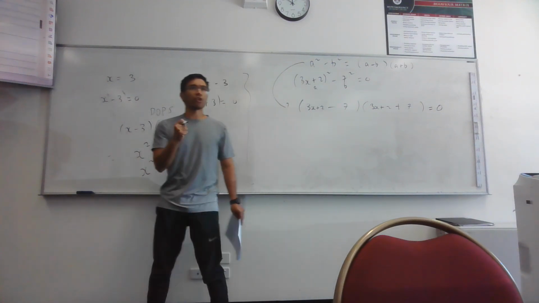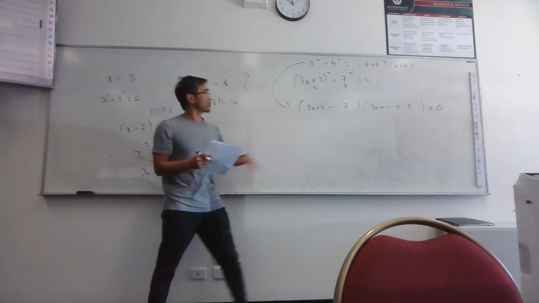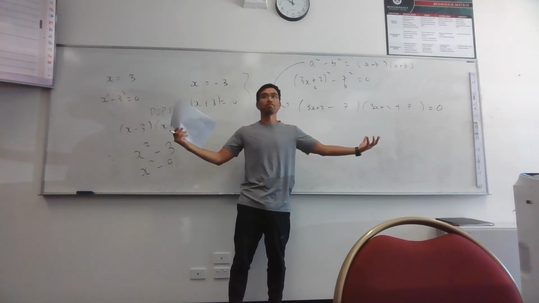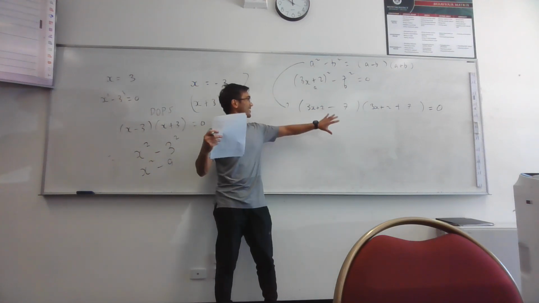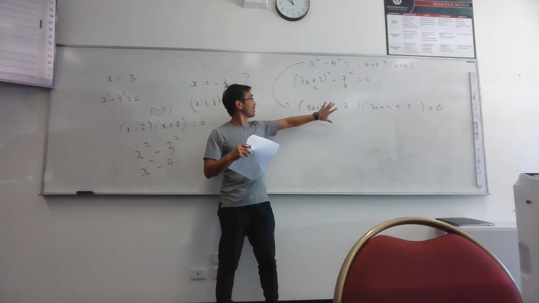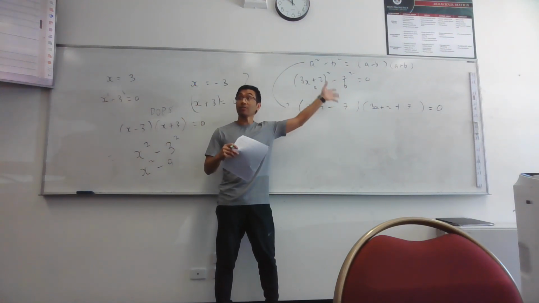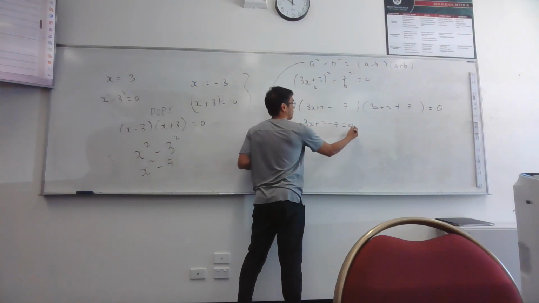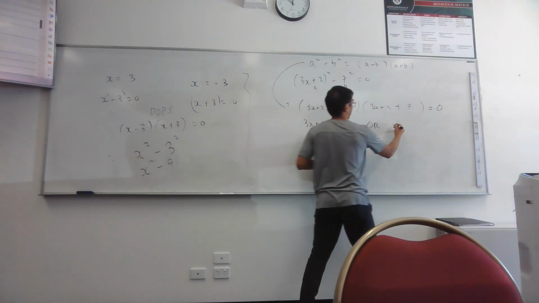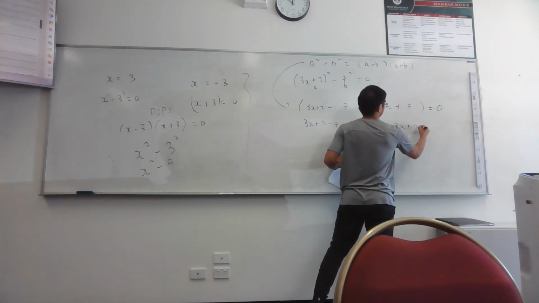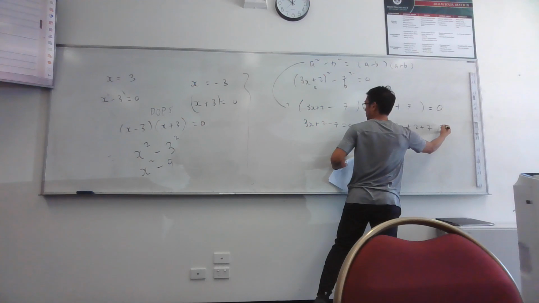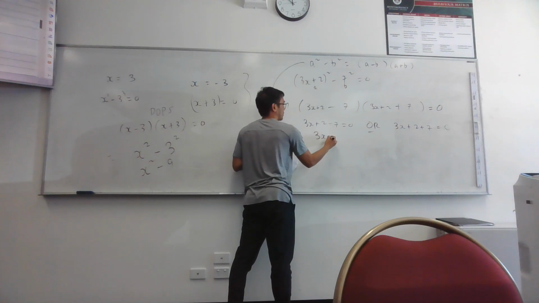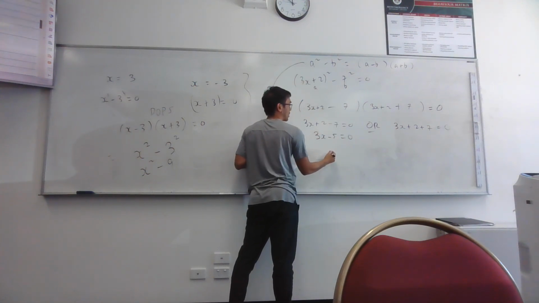Once you've established your 0, what are we going to do with our factors? What's the conclusion? One or both are going to equal 0. Exactly. So let's write that down. The first one can be 0, or the second one. 2 take away 7 is negative 5.